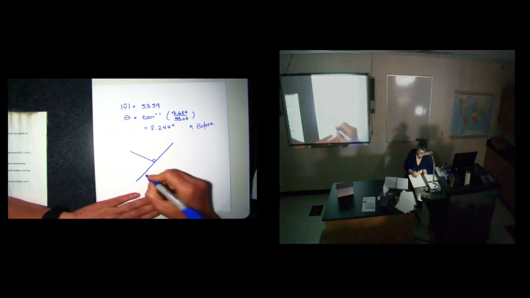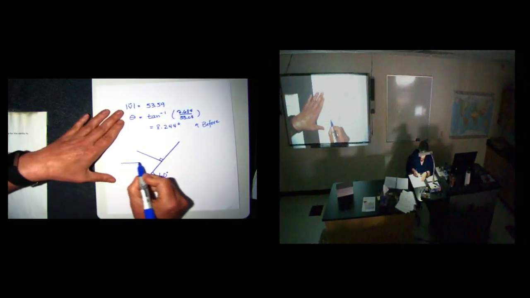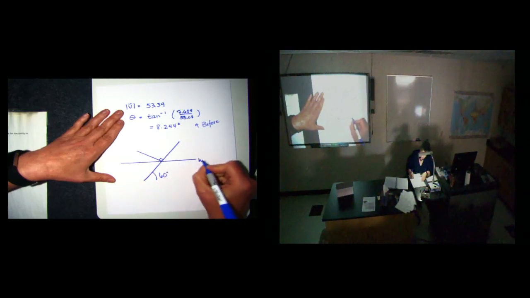That part all cancels, and I end up with VB cosine of the phi that we're looking for is equal to 19.862.